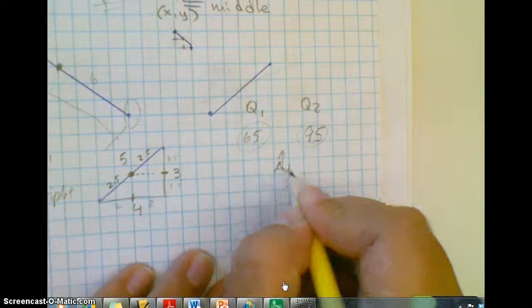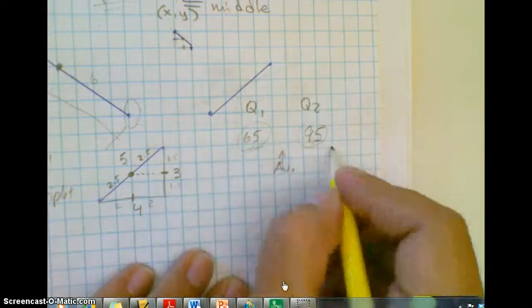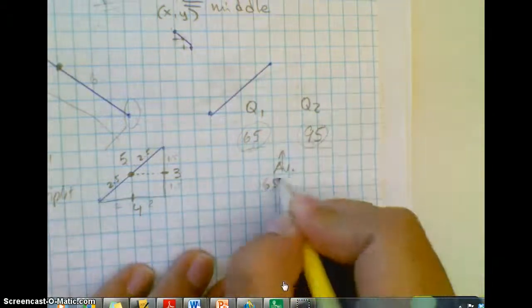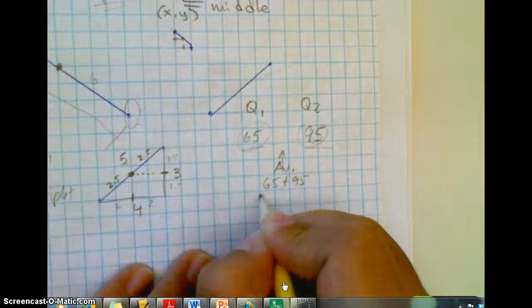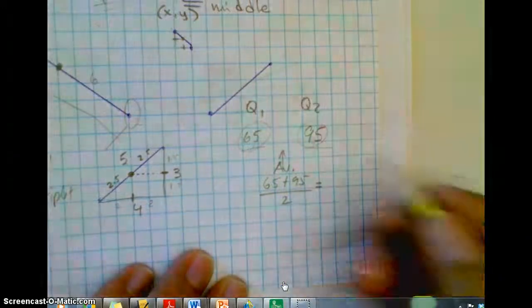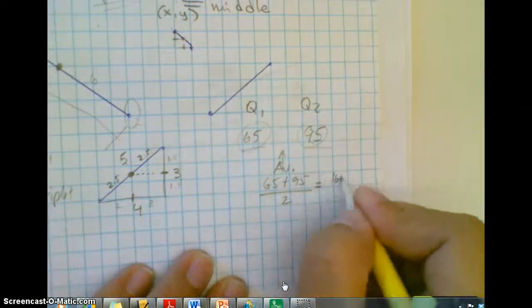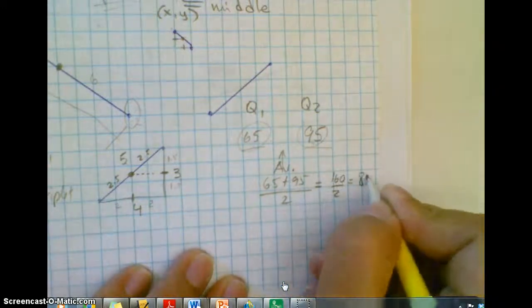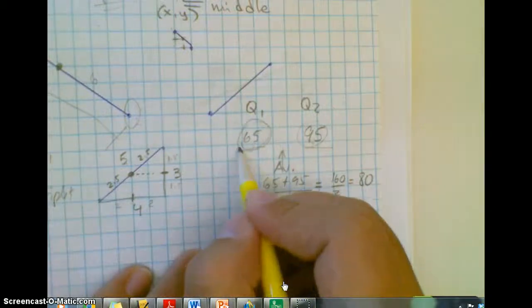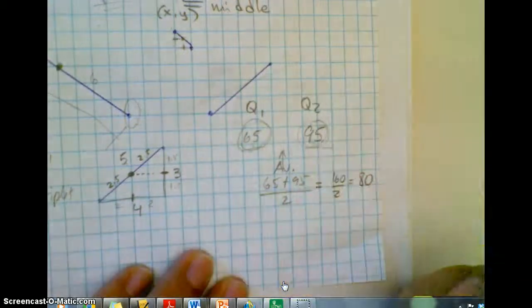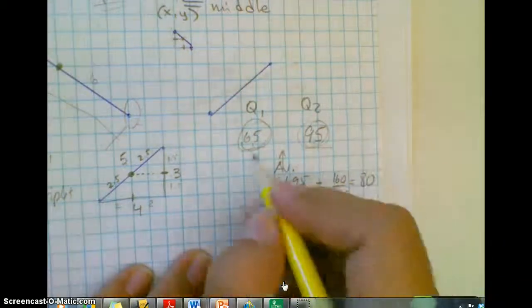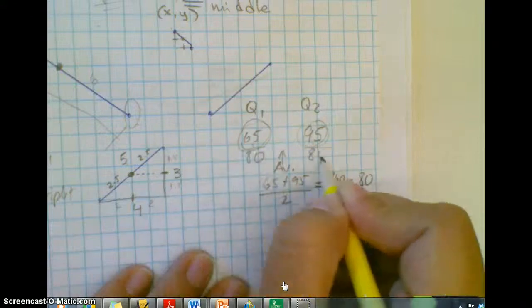So the average between doing bad and doing really good will be 65 plus 95 divided by 2, which is in this case 160 divided by 2, and that's 80. So doing bad one time and doing good the next time is the same thing as doing 80 both times.